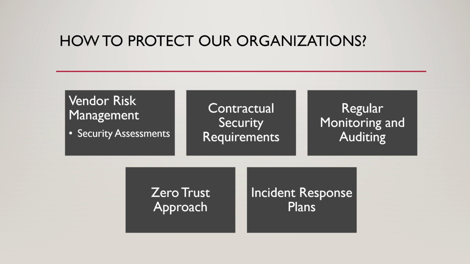We would then look into contractual security requirements. This means we will put requirements on our vendors, ensuring that they adhere to the organization's security standards and practices. Well, if we're going to put requirements on our vendors, we need to make sure that we're monitoring and auditing them.